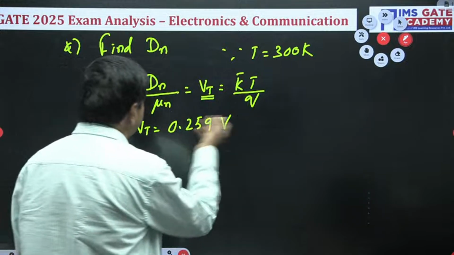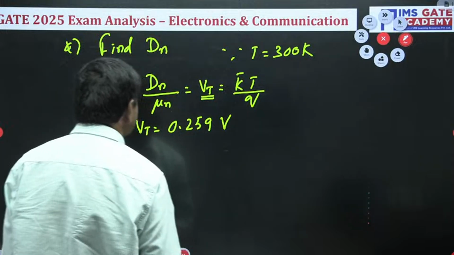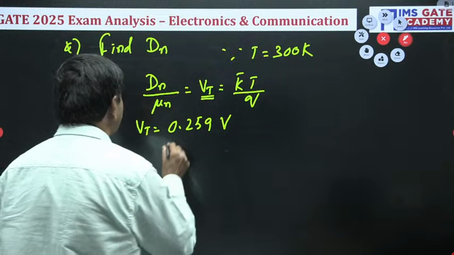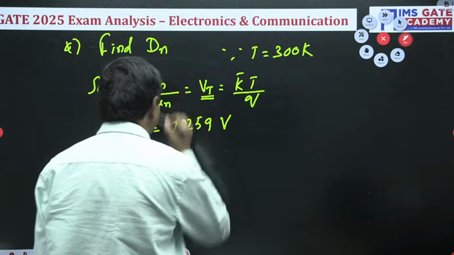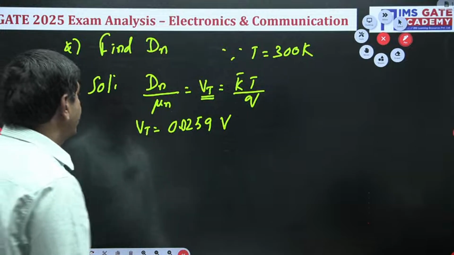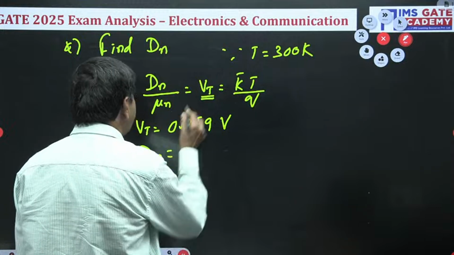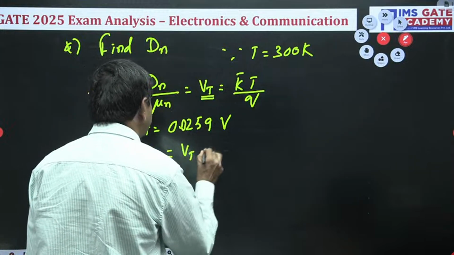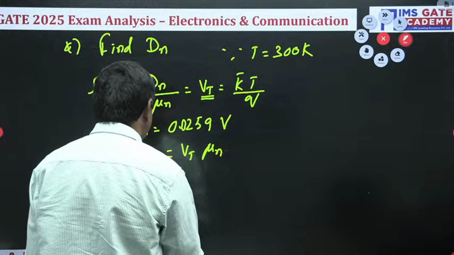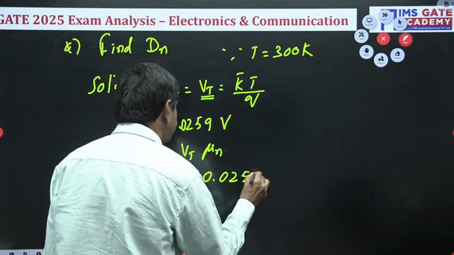That value we can substitute here. Dn is required here. Dn equals Vt into mu n. Dn equals 0.0259 into mu n.